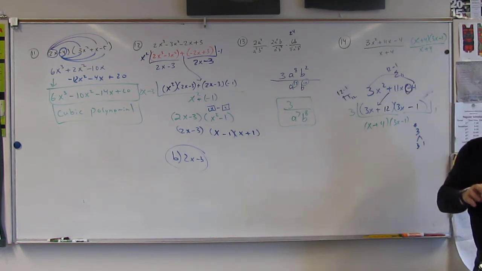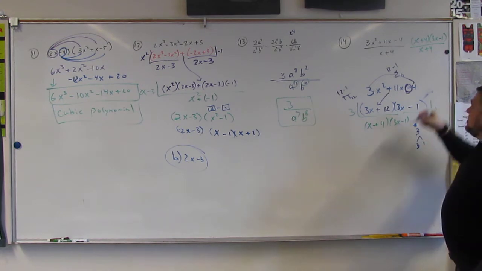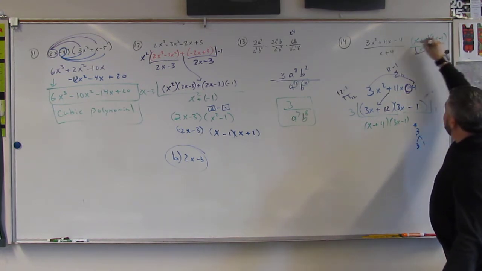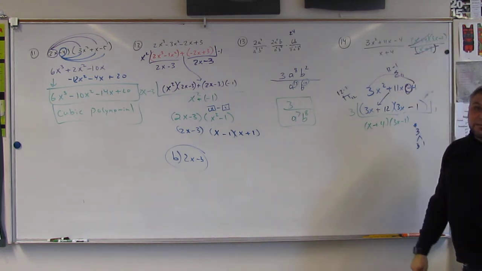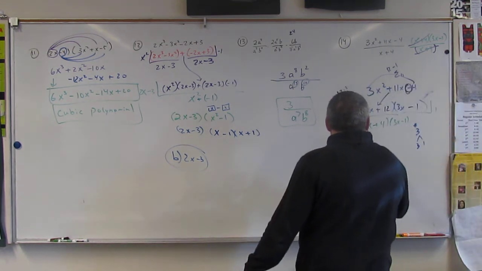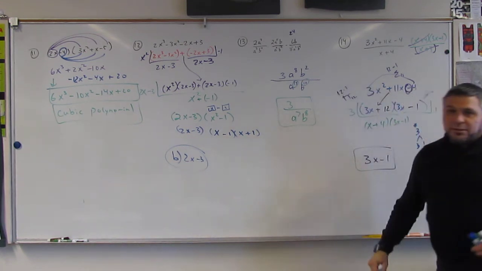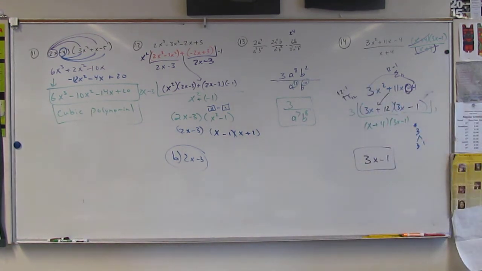Now, is one of those the same? The x plus 4 and the x plus 4, right? They cancel, and what are you left with? 3x minus 1. And that's your answer.